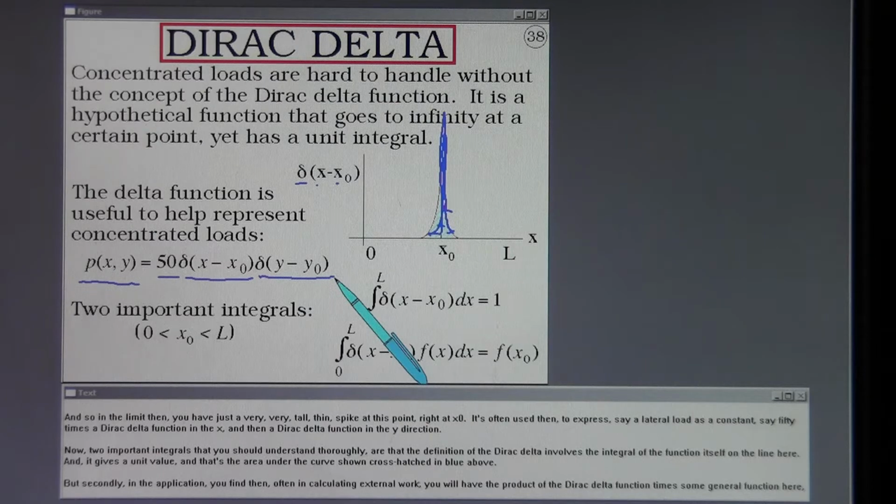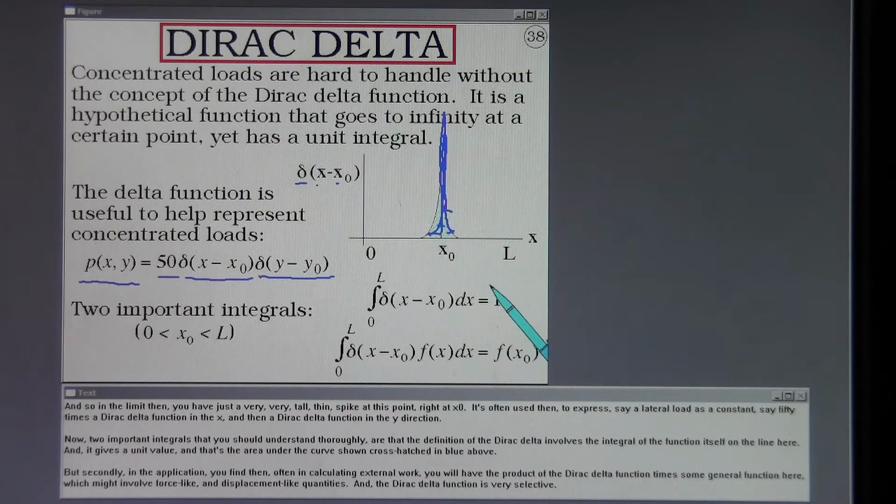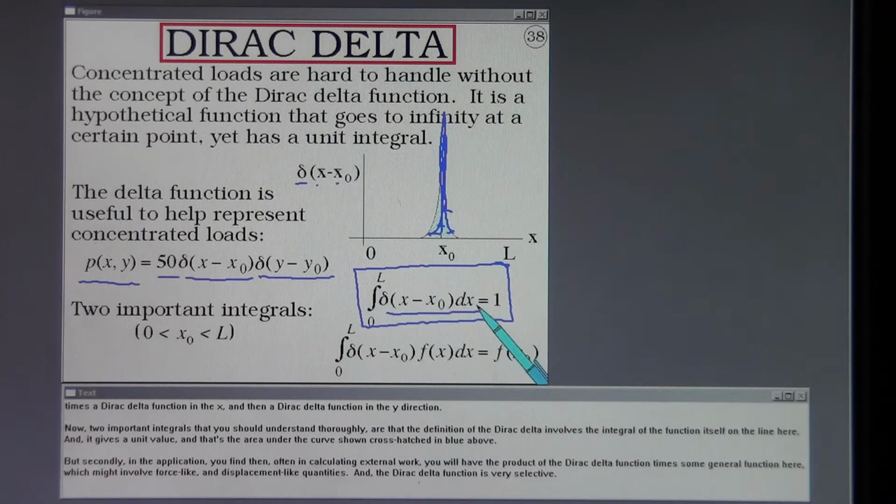Now, two important integrals that you should understand thoroughly are that the definition of the Dirac delta involves the integral of the function itself on the line here, and it gives a unit value, and that's the area under the curve shown cross-hatched in blue above.